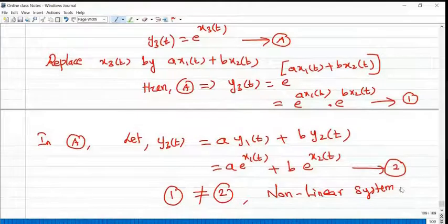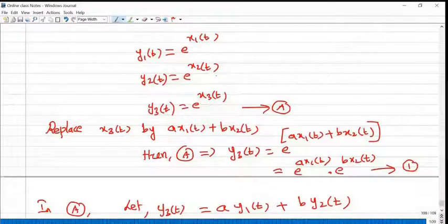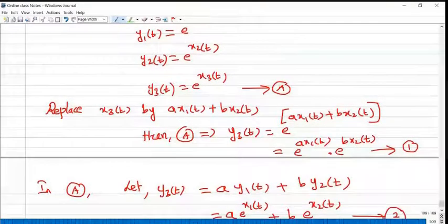So like this, if any problem is given, with very simple expressions or an expression in terms of a differential equation, you replace the entire equation: wherever x of t, y of t is there, you replace all by x1, y1. Step 1. Next, all the same expressions, all y of t, x of t replaced by y2, x2 terms. Then the same expression with x of t, y of t replaced by x3 of t, y3 of t.